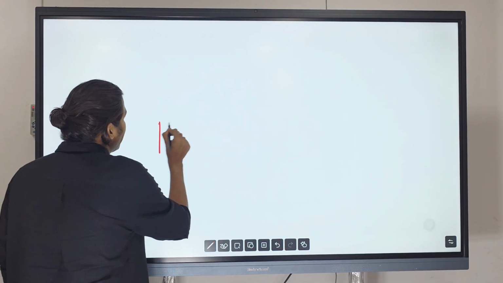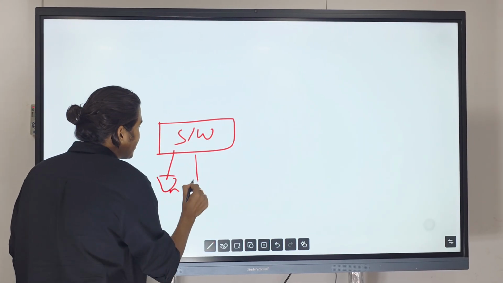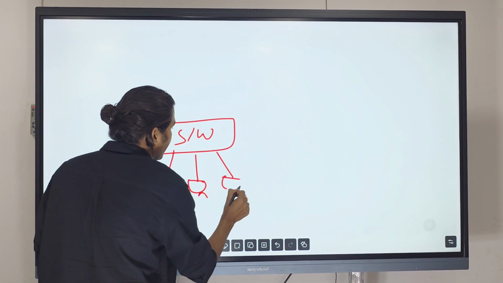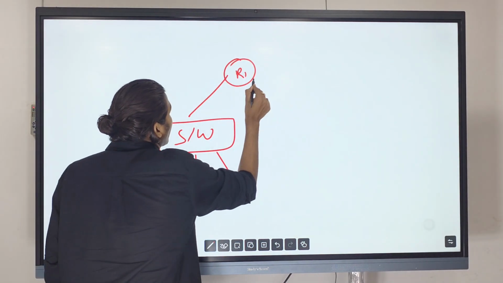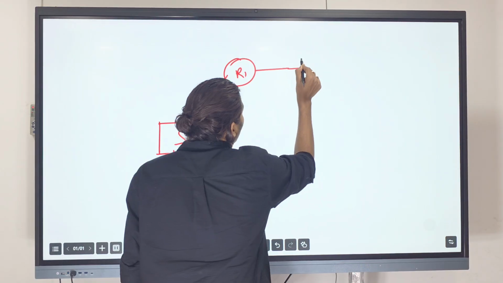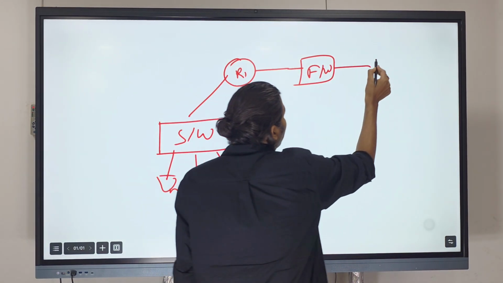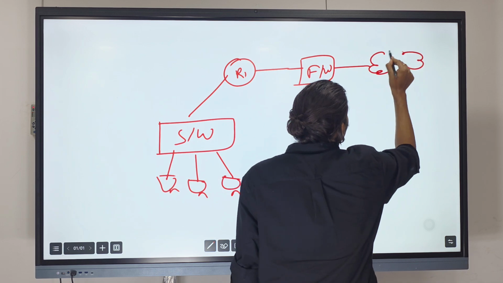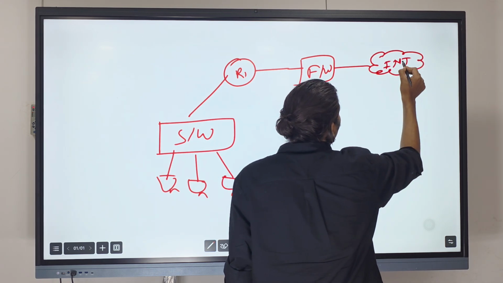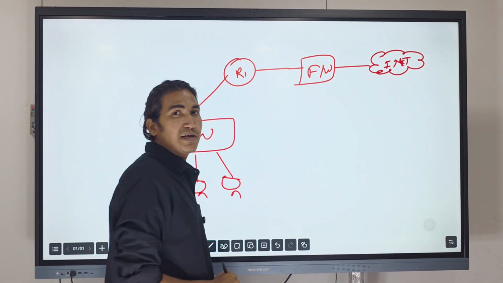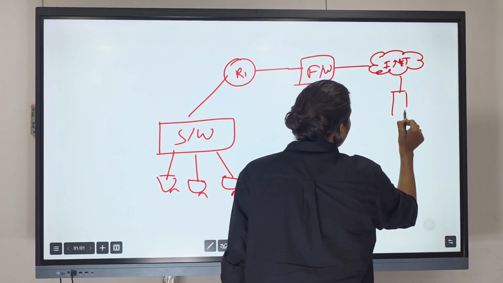Let's say I have some LAN users. This is my switch. Here are some LAN users. This switch is connected with one router R1. Router 1 is connected with one firewall. And the firewall is finally connected to the internet, INET. On the internet, we have one Google server.